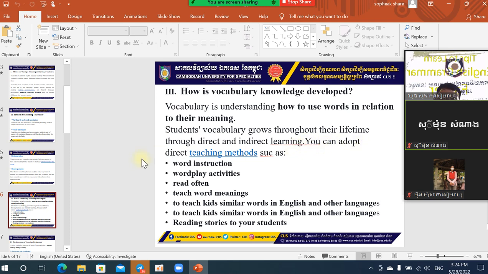You can adopt direct teaching methods such as word instruction, workplace activities, read often, teach word meaning, teach kids similar words in English and other languages, and reading stories to your students. Yeah, we have a lot of points.